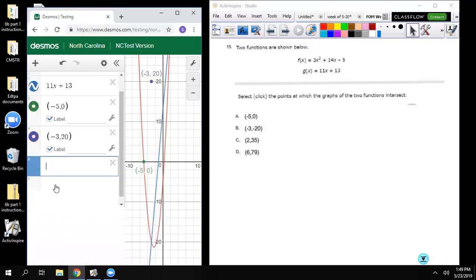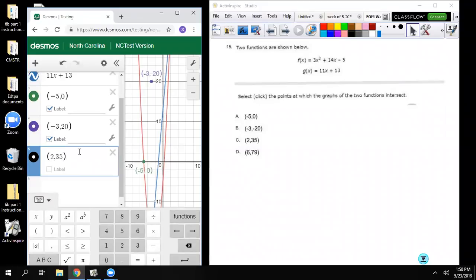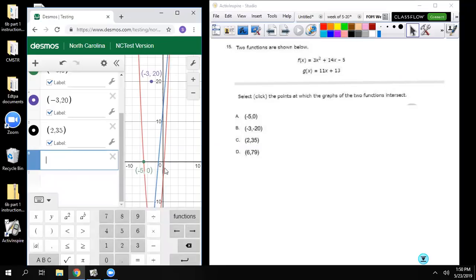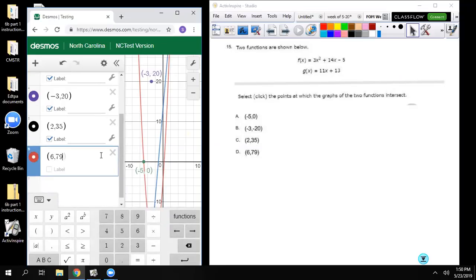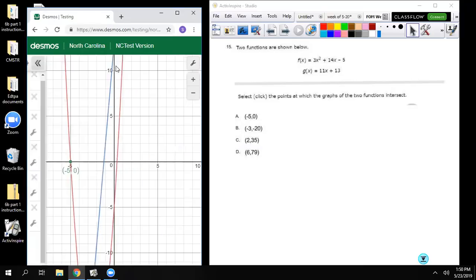I want to enter in our answer choice C, which is 2, 35, label it. And lastly, I'm going to enter in answer choice D, which is 6, 79. Okay, so everything at this point is labeled, and I'm going to close this so that we can see if they actually share any of those points.